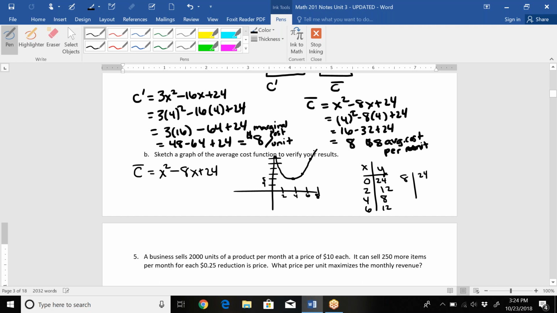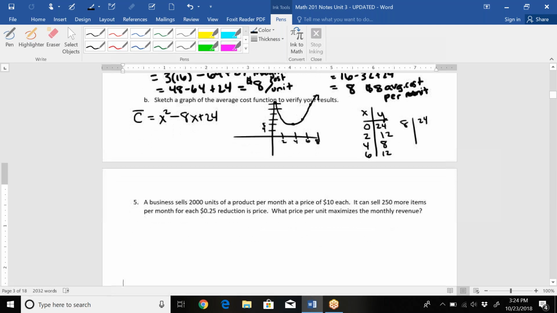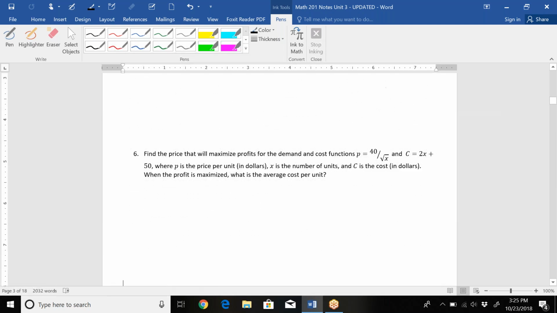Notice I'm going to extend it on this side, but I didn't go further over here because you can't produce negative units. So that shows us that the minimum happens at 4 units produced, and the minimum value was $8 for cost. Okay, so then I believe we did 5 and 6.